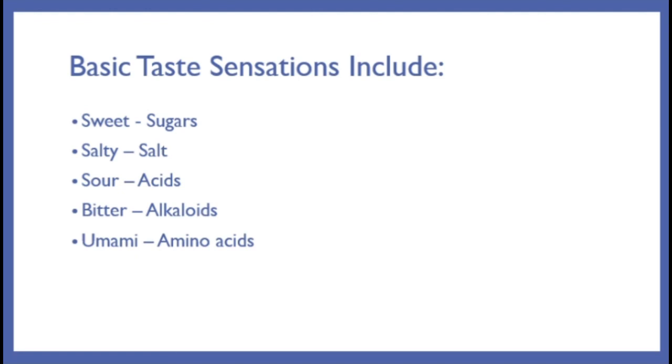And if it's like a burger and cheese, that's going to be the amino acids, and that's called umami. So ice cream would be sweet. Fries covered in salt would count as salty. For sour, think of something like vinegar. And for bitter, think of dark chocolate. Then we have that hamburger and fries for umami.